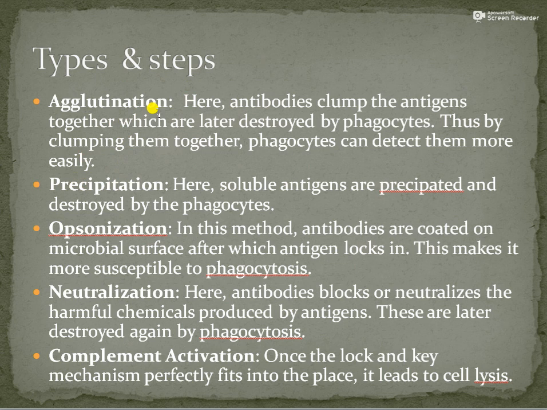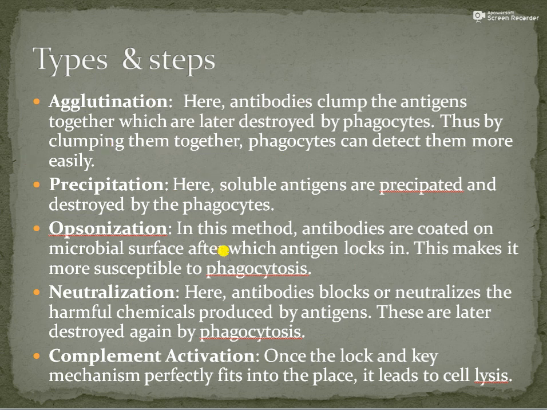Agglutination: the antibodies clump the antigens together, which are later destroyed by the phagocytes. By clumping them together, the phagocytes can detect them more easily. The antibodies will go and bind onto the particulate antigens over here, and so a clumping will be formed. And in the precipitation reaction, the antibody binds with the soluble antigen.